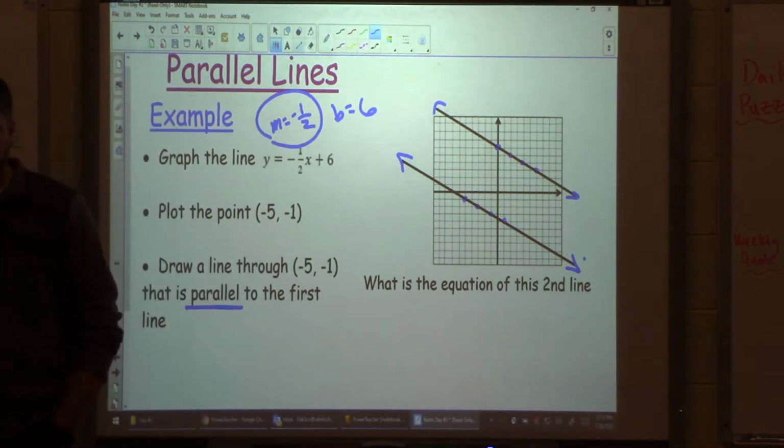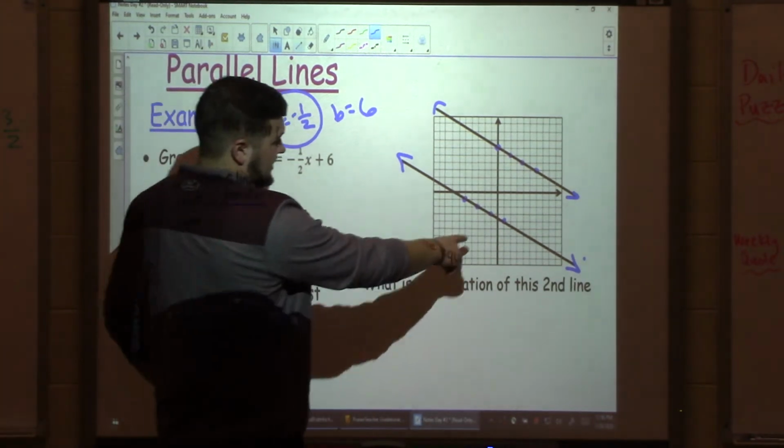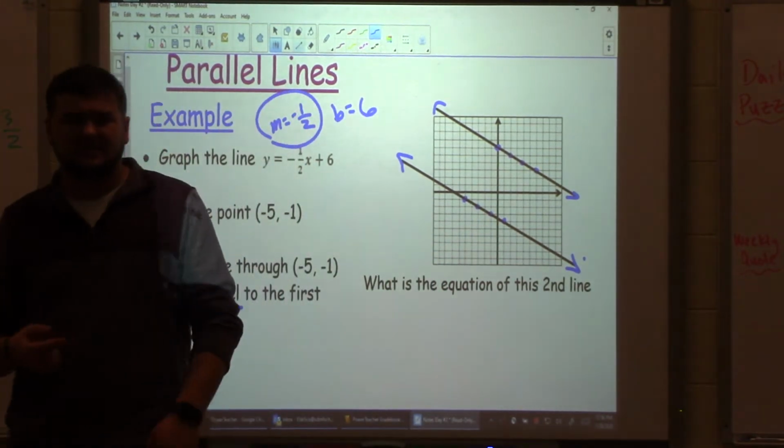Draw on your line. Now the last step says, what is the equation of the second line? Well, what do we need to know to make an equation? The y-intercept and the slope. Do we know the y-intercept in this case? We can look and see if it hits at a nice point, like 3.75.